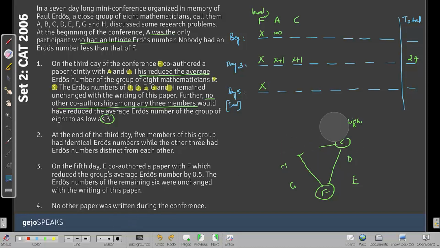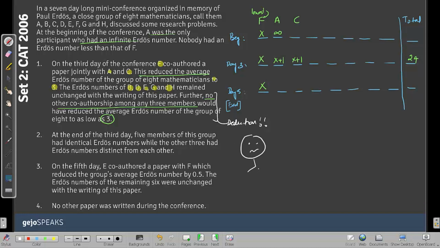Making the deduction from here would require a little bit of trouble. But if you think about it, you'll understand that C definitely has a pretty high value. So at least we know that the value of C is greater than the values of B, D till H.